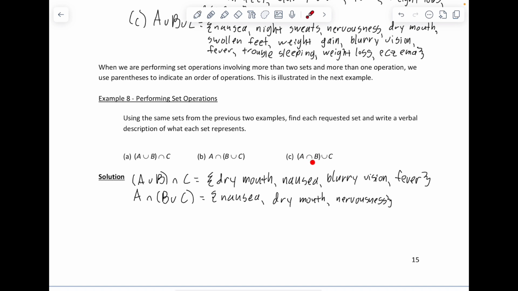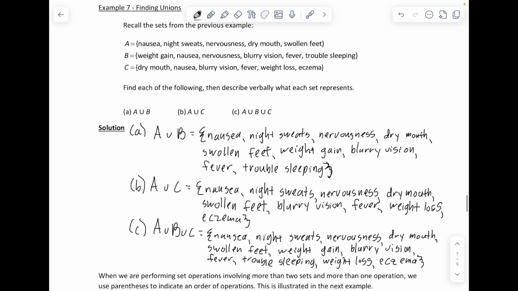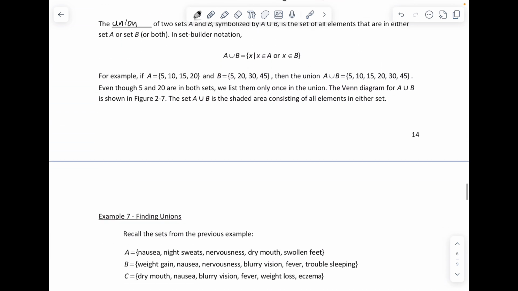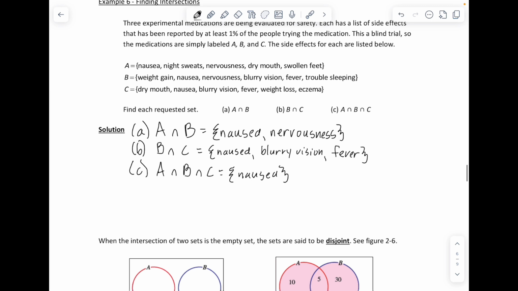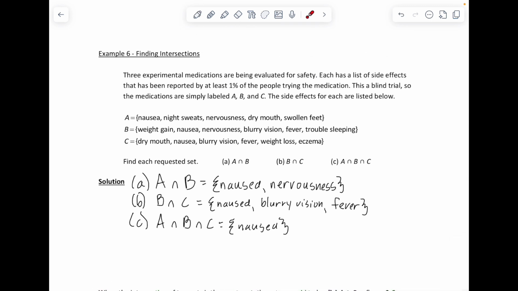Let's see, this last one, (A intersection B) union C. Right, so (A intersection B) union C. So because the intersection is in parentheses, it's saying we find that first, and then we find the union of that with set C, right? A intersection B, I believe we found that up here, didn't we? Yeah. A intersection B is nausea, nervousness. And if we take the union of that with C, right, then we have to include nausea and nervousness along with any other elements that are also in C, right?